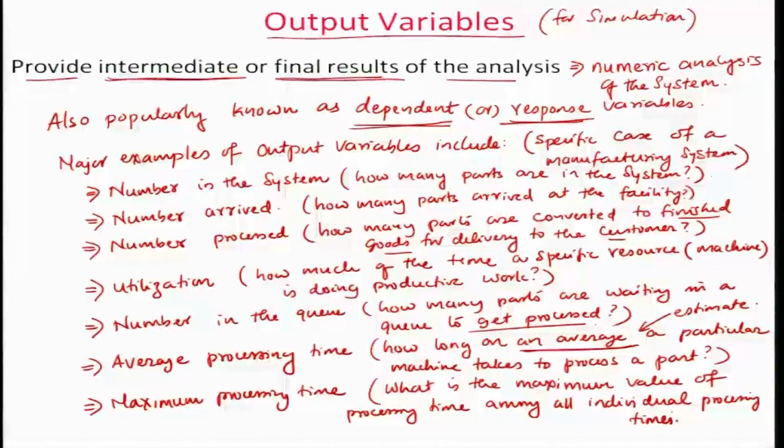What we are doing here is measuring, if you are producing 100 parts, each one of the parts will have an individual processing time, and from those 100 individual processing times, find the maximum value, and that will be the maximum processing time. So, these kinds of variables that I mentioned to you, the number in system, number arrived, number processed, are quite common when you are studying any of the systems in simulation, and these give you an approximate idea of the final performance of the system when the simulation is completed or when the simulation is running as time progresses.